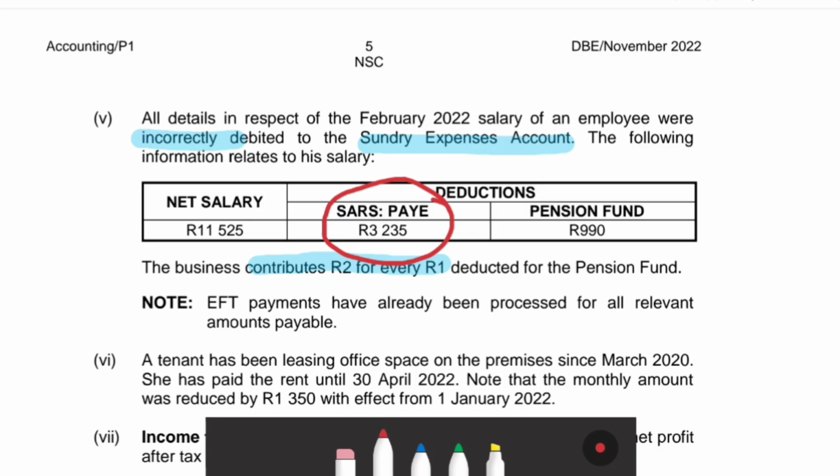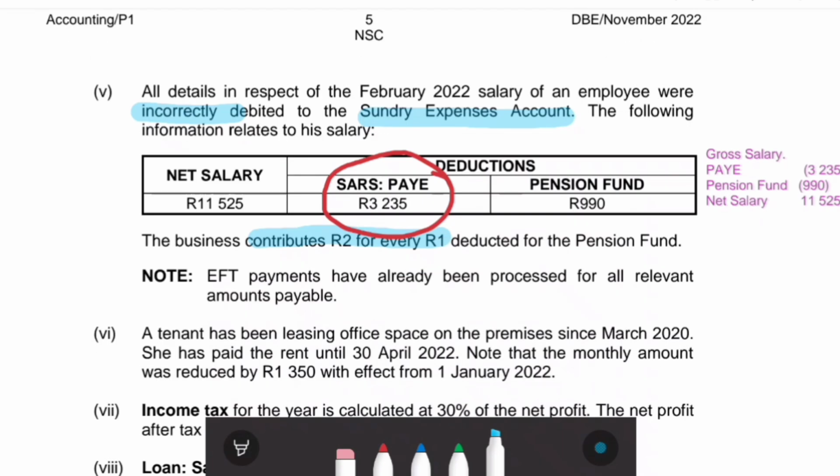So here we're given the net salary, so we can work our way up to find the gross salary by adding back these deductions that were removed from the gross to get the net. This is how they would have arrived at the net salary. They would have taken the gross salary here, whatever it is, subtracted the SARS pay as you earn, subtracted the pension fund contribution. So we can work our way up to find what the gross was.